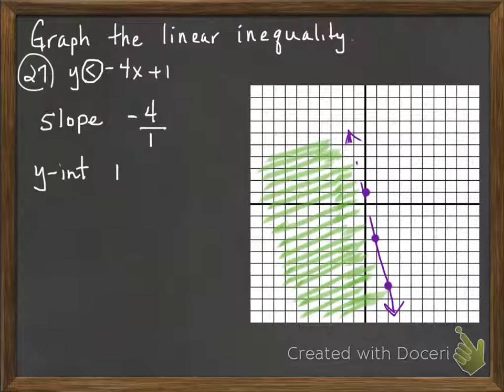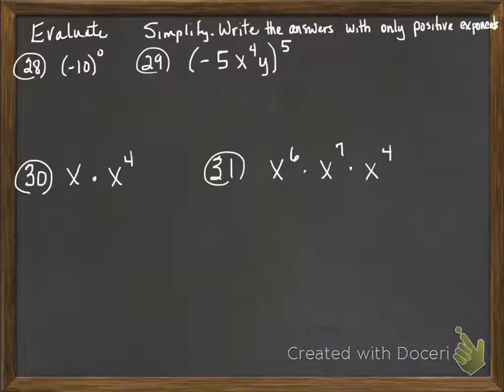It is dashed. If it did have an equal to, then the line would be solid. And again, less than, you shade below. Greater than, you shade above.